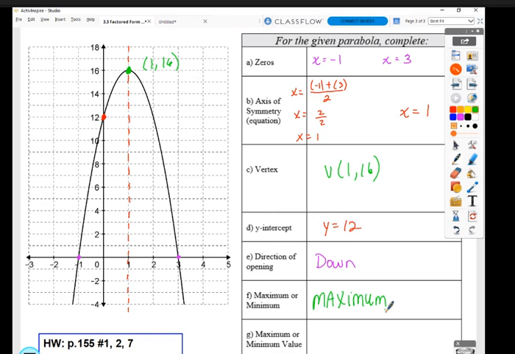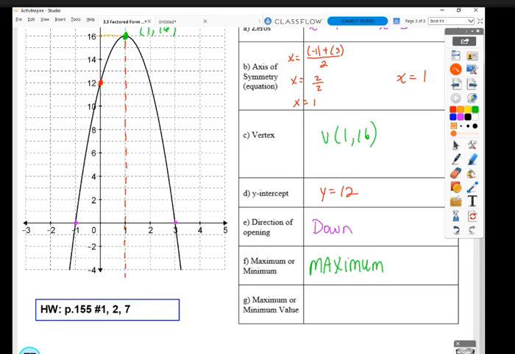And then what is the maximum or minimum value, which is so nice to just look across here and say, okay, I think it's 16. Say max value of 16 at x equals 1. That's when it occurs, right? When x equals 1, the maximum value is 16. Okay.